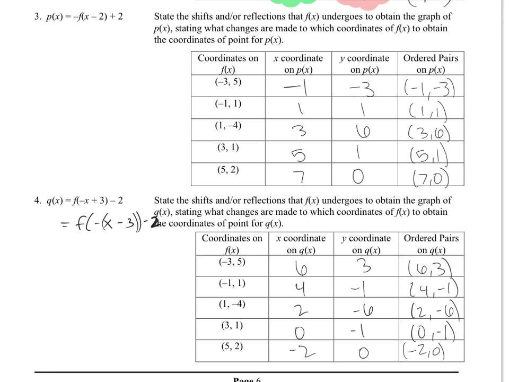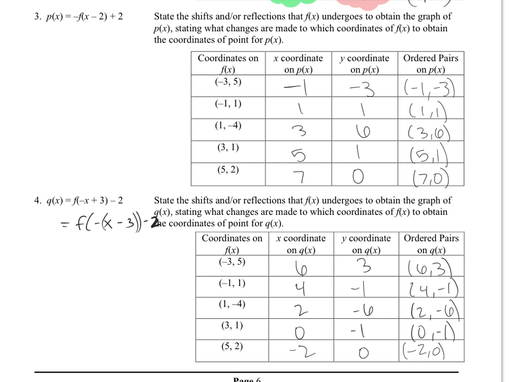So you don't look at the original one. You have to look at it once it's factored out. So your x values would have been wrong. No, yours is right.